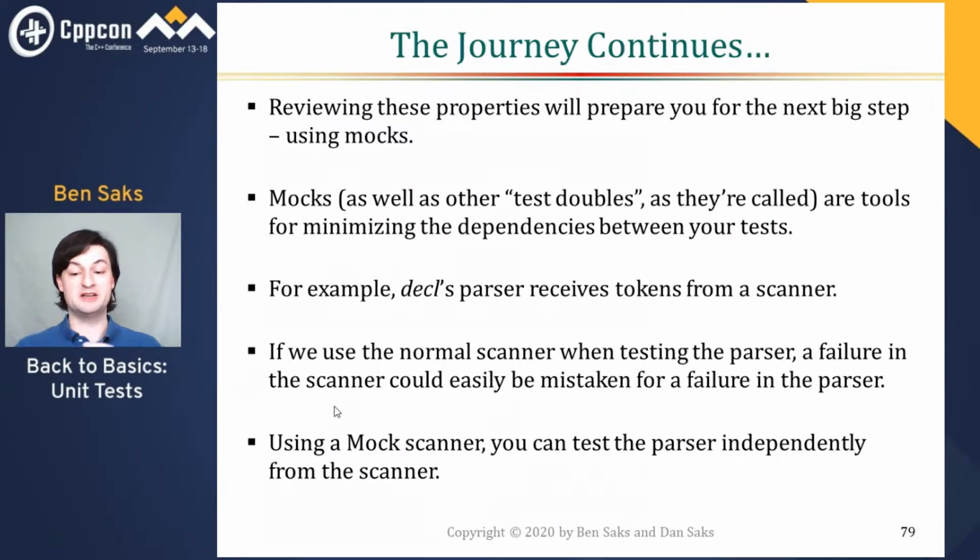What that means is, if we write our parser tests to use that scanner, and the scanner has some kind of failure in it, it might look like the parser isn't working, even though it's really a problem in the scanner. It's not narrowing things down as much as it could for us.